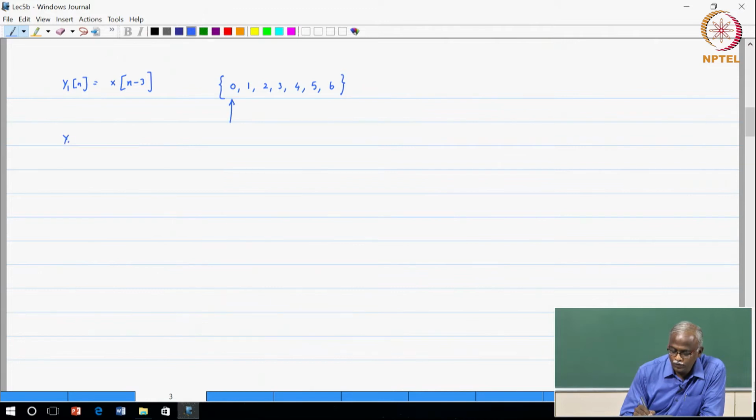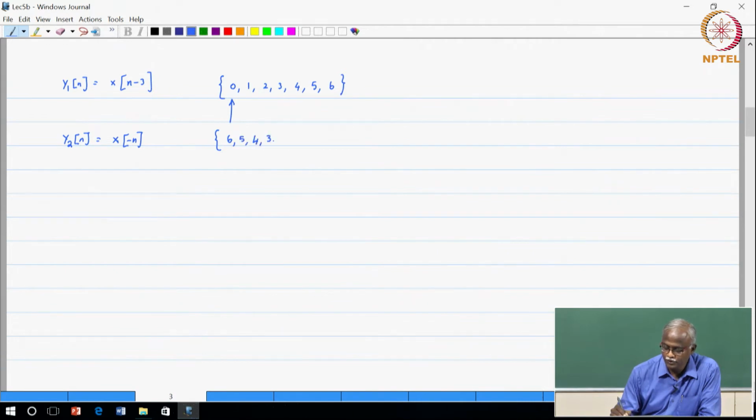So y2 of n was x of minus n, basically a time reversal. That would mean that the sequence will now go backwards: 6, 5, 4, 3, 2, 1. The origin remains as before, so it remains at 3.